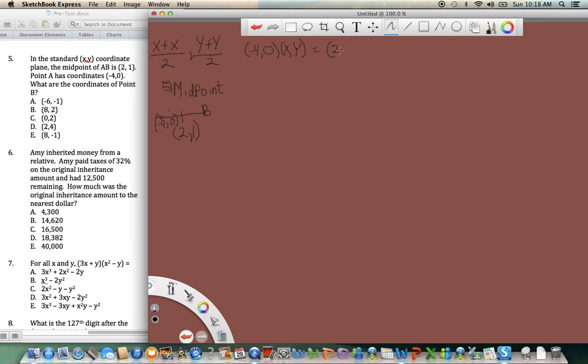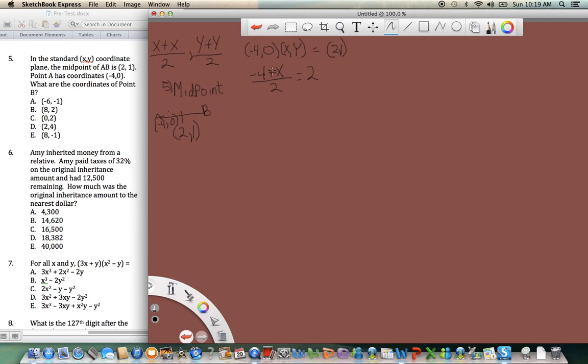So if you'll just use the foundation of this formula, you will know that -4 plus one of the numbers in your answer choices, when divided by 2, has to equal 2.